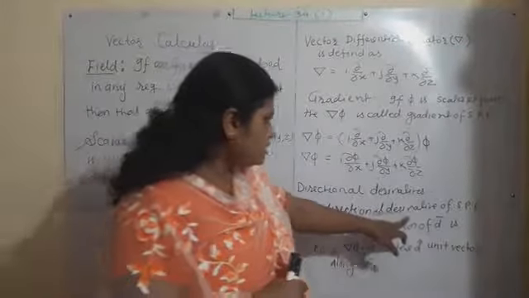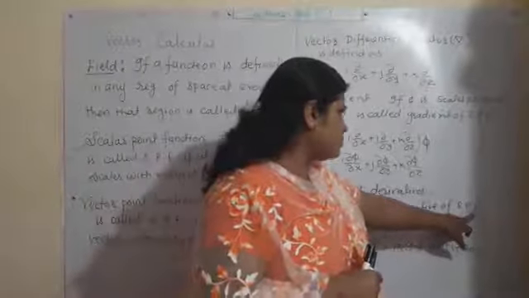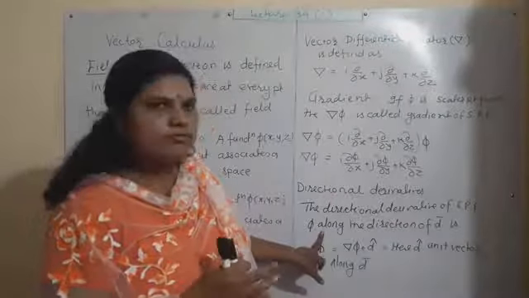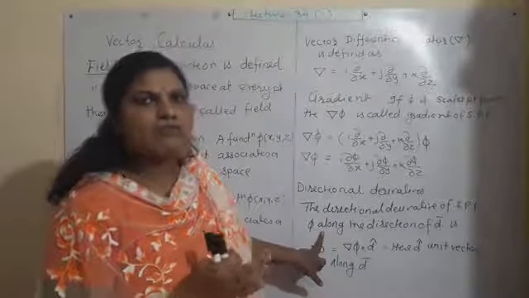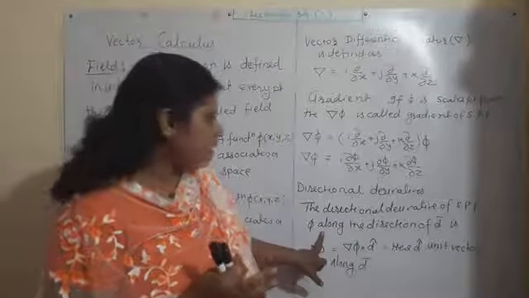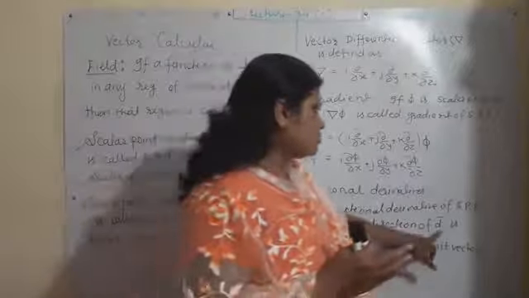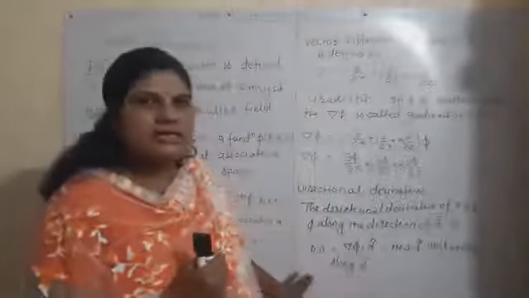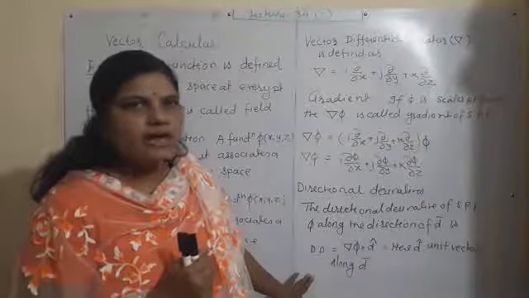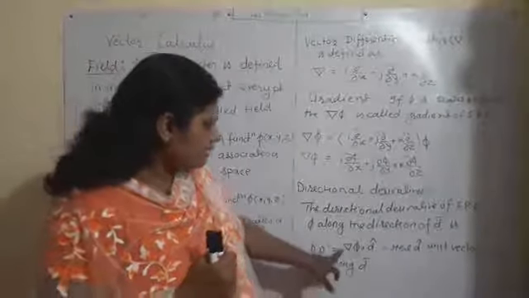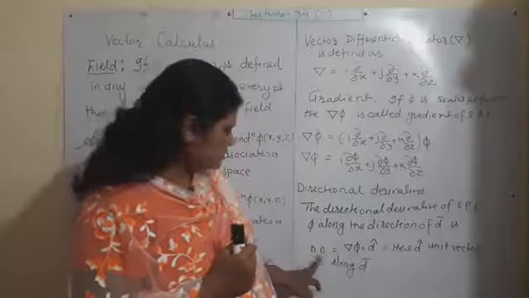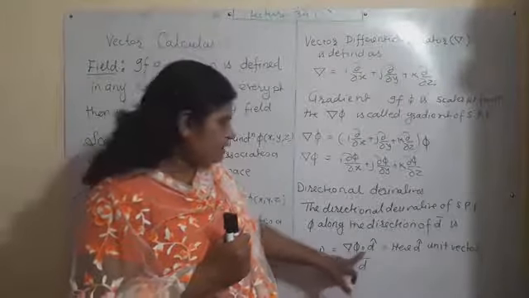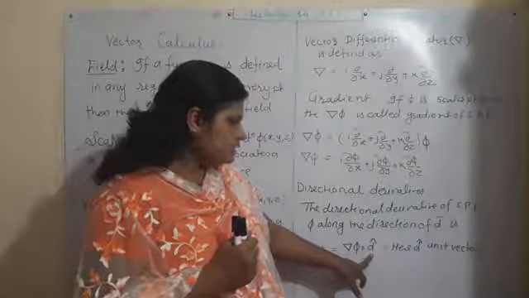Suppose we are considering the scalar point function phi, and we have to find the directional derivative of phi along a particular direction d bar. That vector is d bar. How do we calculate the directional derivative of phi along d bar? It is denoted by DD, the directional derivative, and equals grad phi dot d cap.